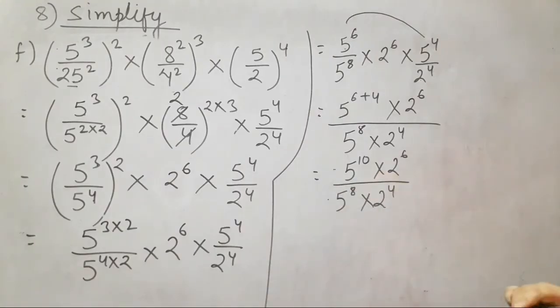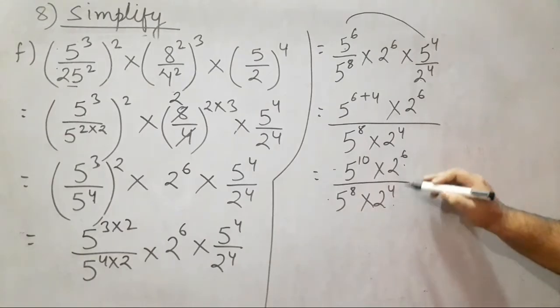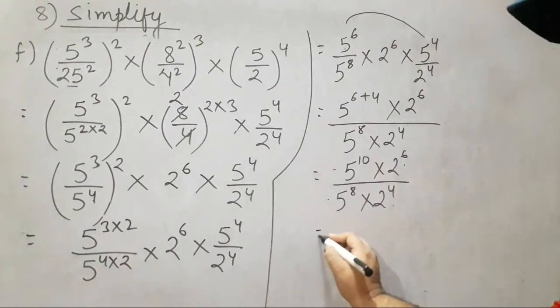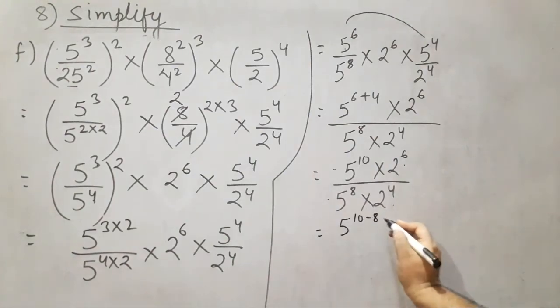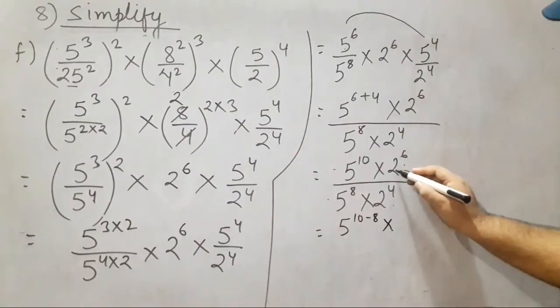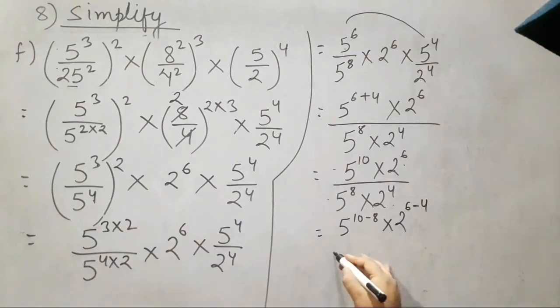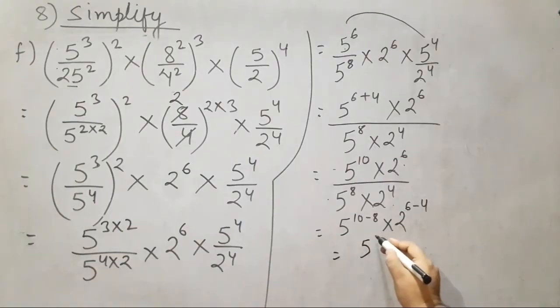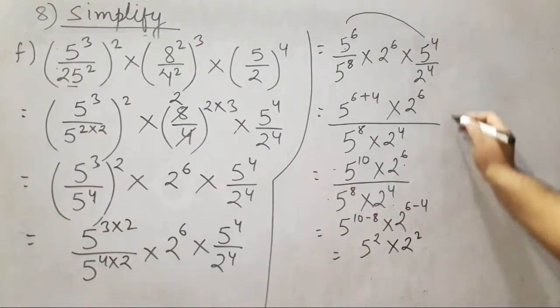Now we will follow the quotient law of indices. Here also the same bases are divided. Here also we can follow the quotient law of indices. So 5 power 10 minus 8 into 2 power 6 minus 4 equal to 5 power 2 into 2 power 2.